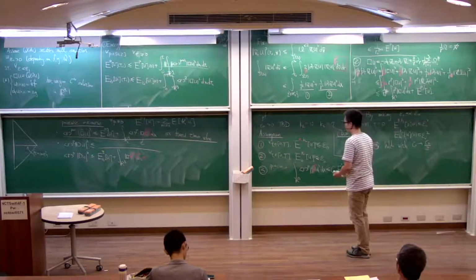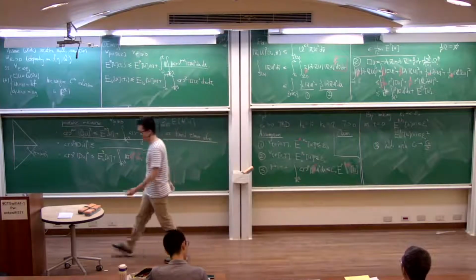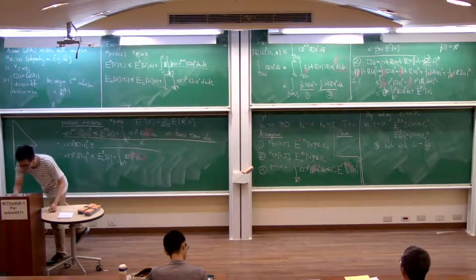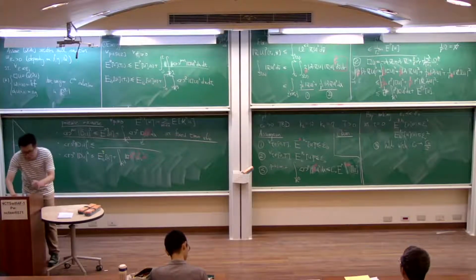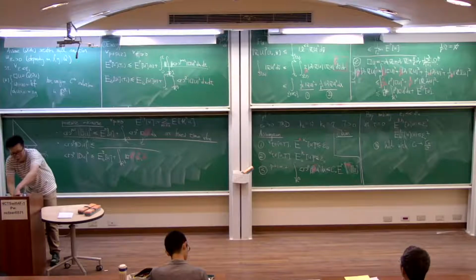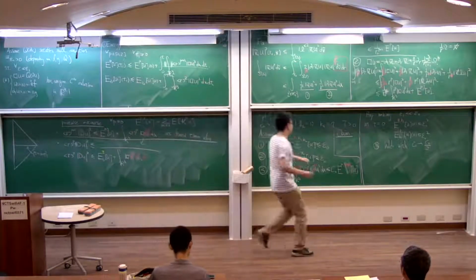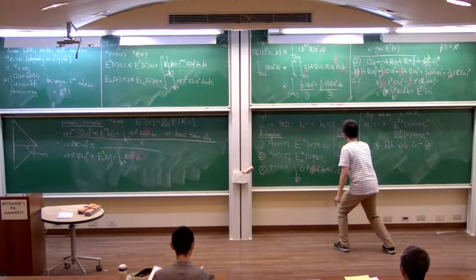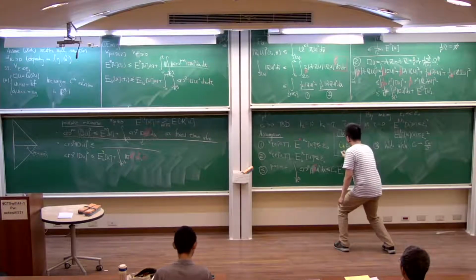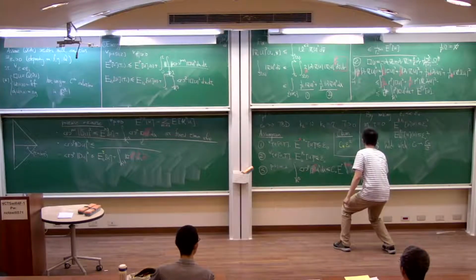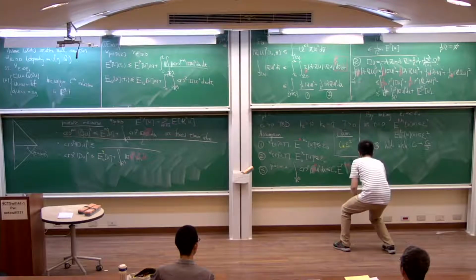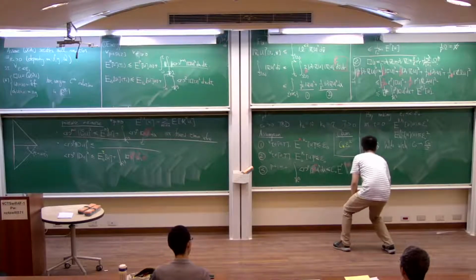The claim is there exists a constant, C star, such that one can improve the right-hand side to be, instead of epsilon, C star epsilon naught squared. Instead of C, one has C star times epsilon naught.